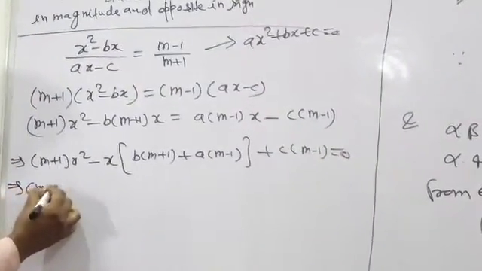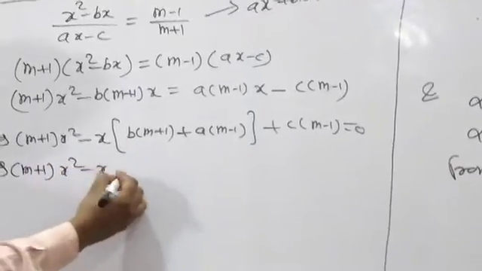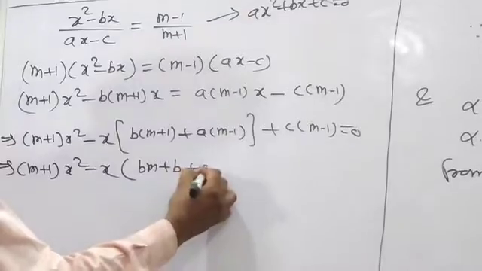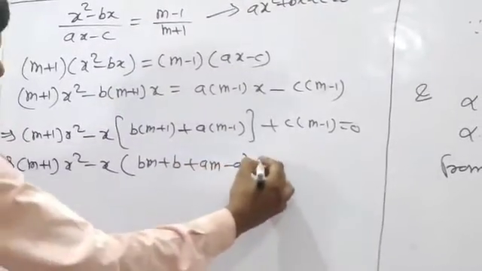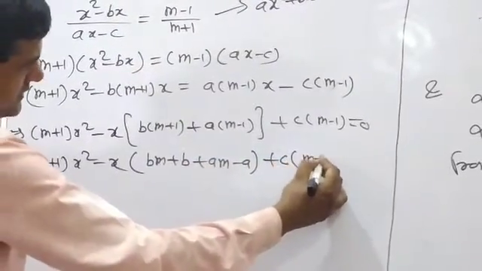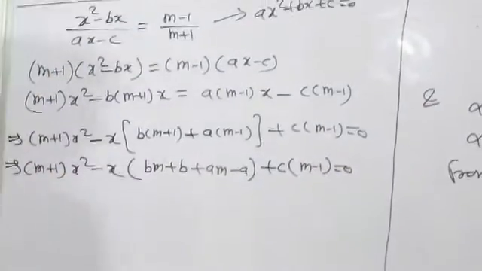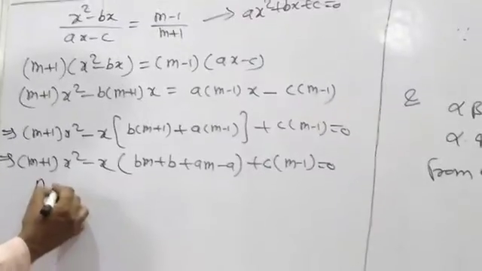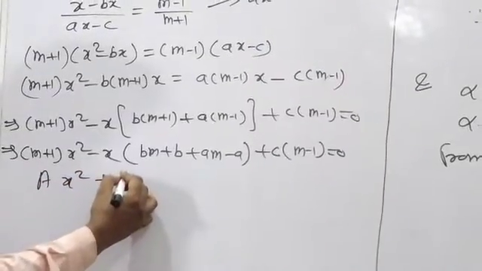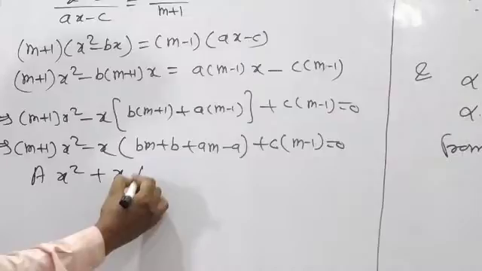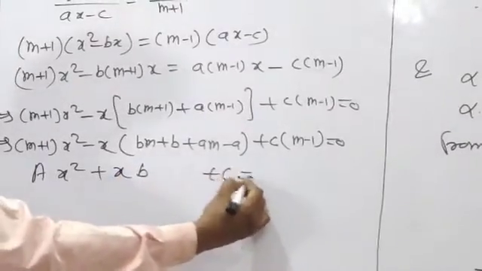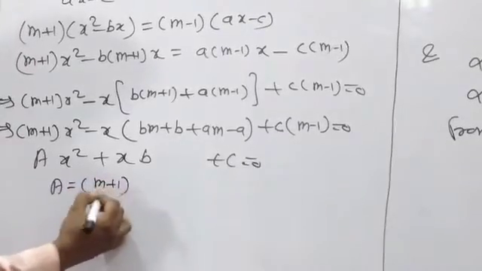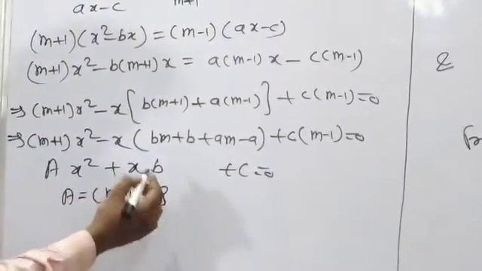Now m plus 1 x square minus x, here bm plus b and am minus a plus c into m minus 1 is equal to 0. Now in the form of capital A x square plus capital B x plus capital C is equal to 0, A is equal to what? m plus 1.